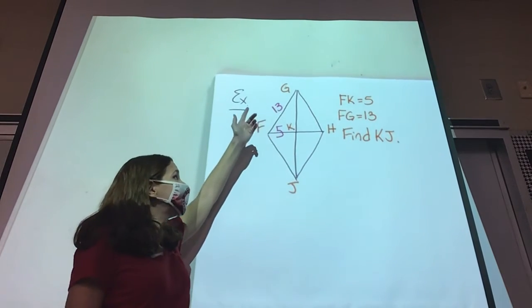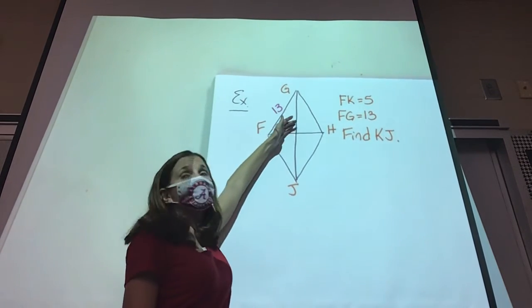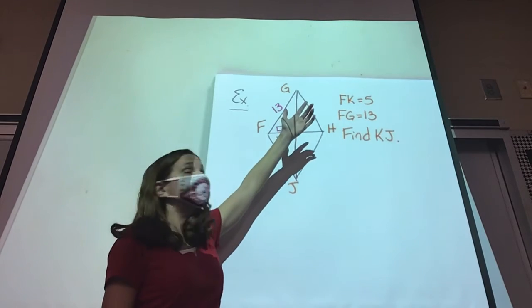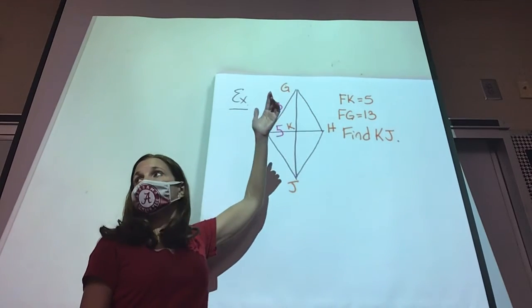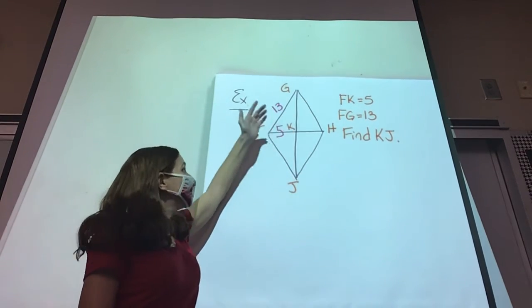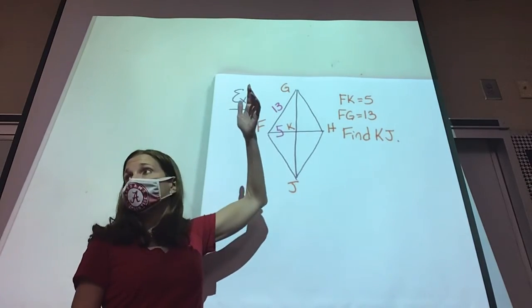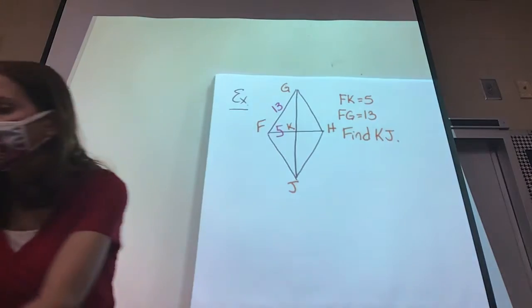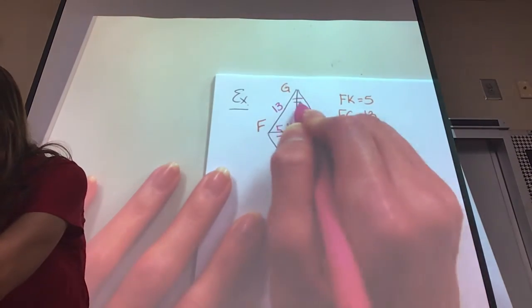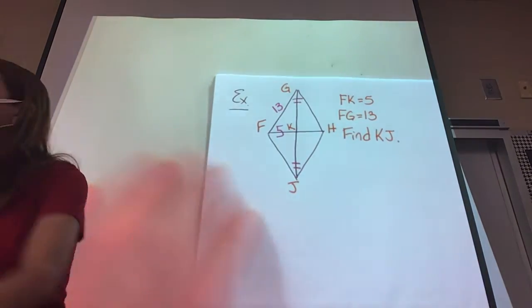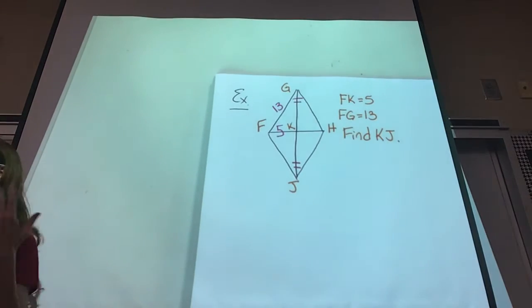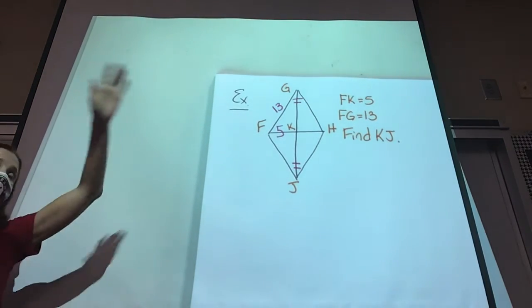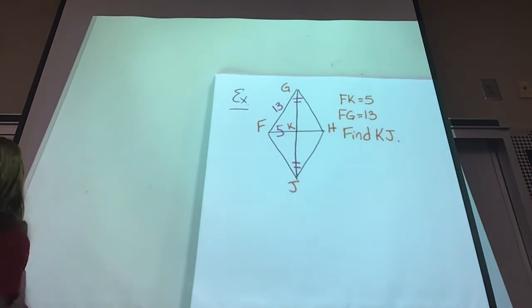Okay, they split it in half, so that means they are the same. We learned that before. Just like everything else, the diagonals are cut in half, so the top part is equal to the bottom part. So I know that this piece is equal to this piece down here. We learned that lessons ago.